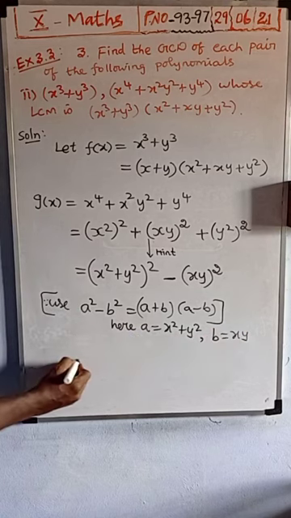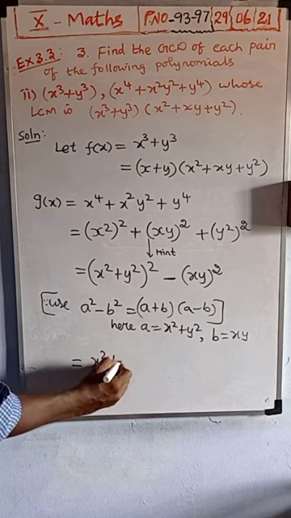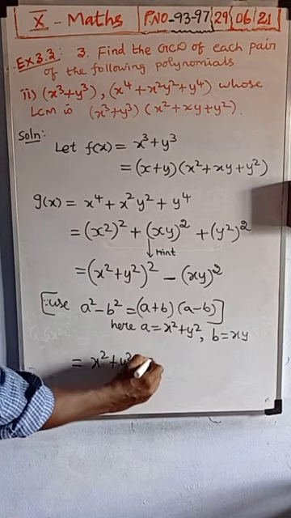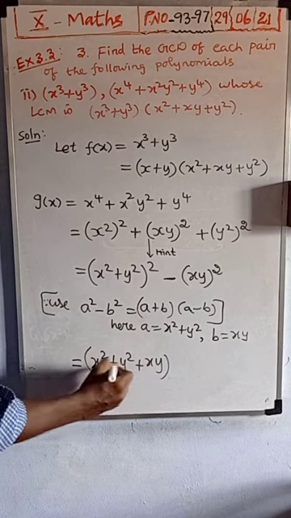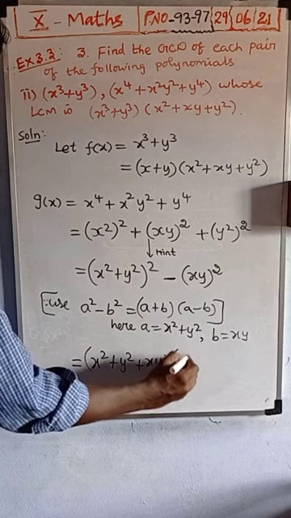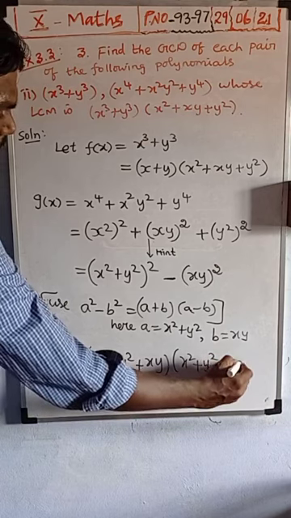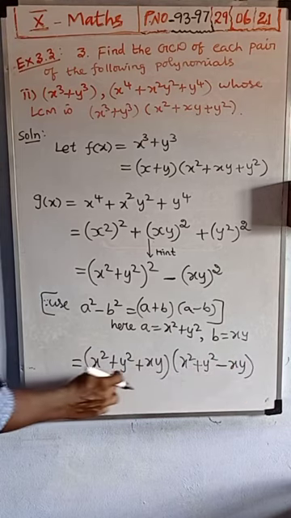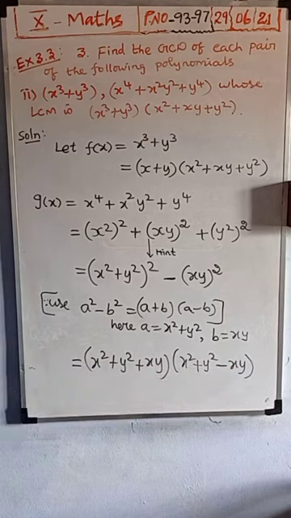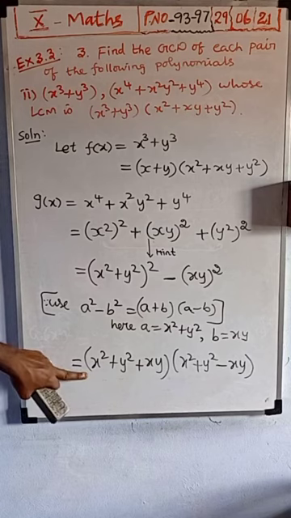Now substitute, and we will get x square plus y square plus xy, that is a plus b, into x square plus y square minus xy, that is a minus b. Okay, therefore this is the factorization of g of x.